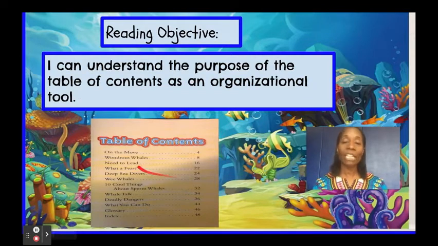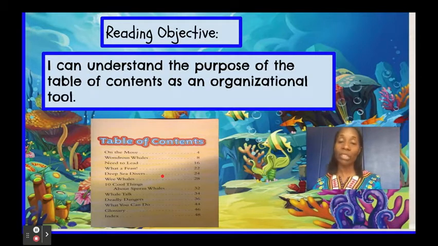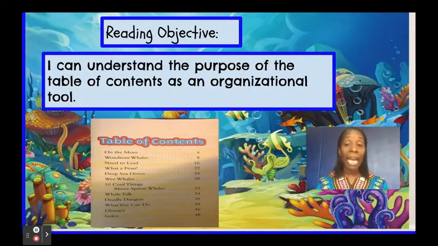And here is our anchor chart, scholars. We're going to use the table of contents that's in our book as a reference to help us understand why it's so important for an author to organize the information and put it in a table of contents, okay?